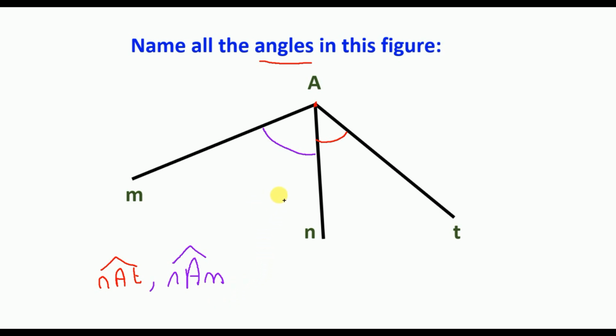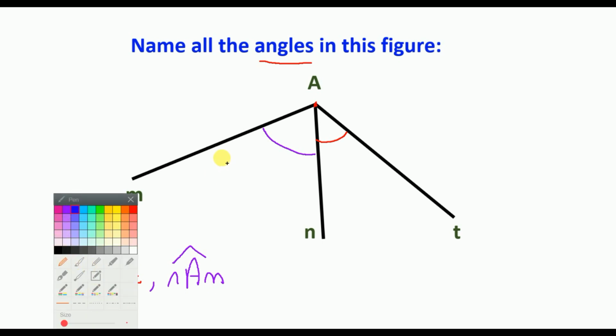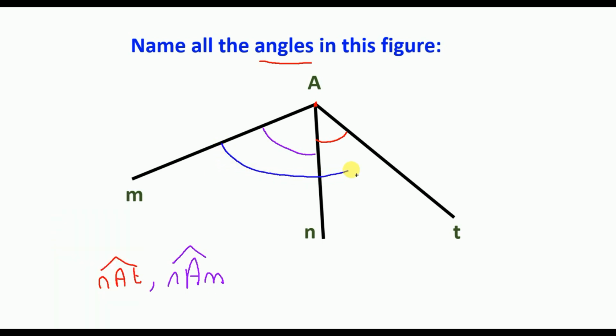Now let's see here. We still have the two semilines AM and AT. If we pair them together, we will obtain a third angle, the angle between AM and AT. And this angle is a different angle because the surface is different than these two. And this angle, we can name it MAT or TAM.